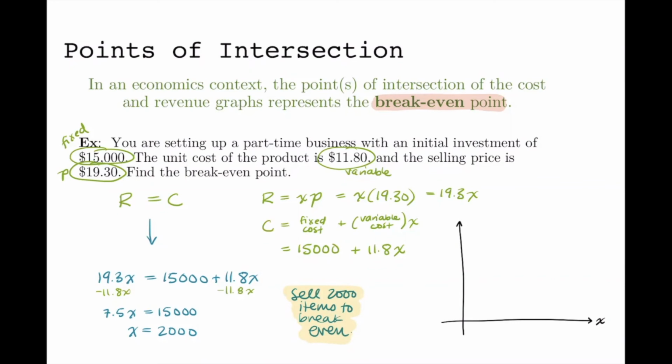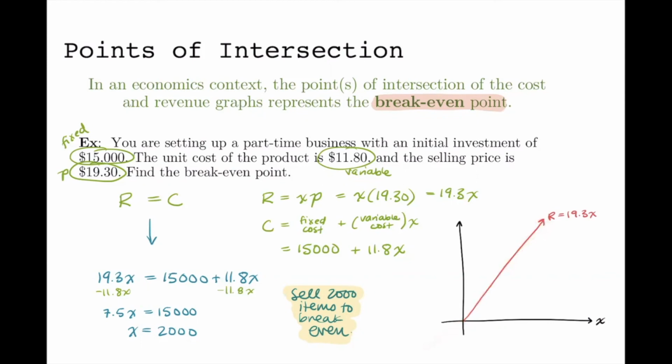The 19.3x tells us that we've got a y-intercept of 0 and a slope of 19.3. So this just looks something like this. I don't need to get into the specifics right now, but this is the revenue equation. Now, I'm not drawing it past x being negative because it doesn't make sense for us to sell negative items. So here, for a positive x, this is the graph of the revenue.